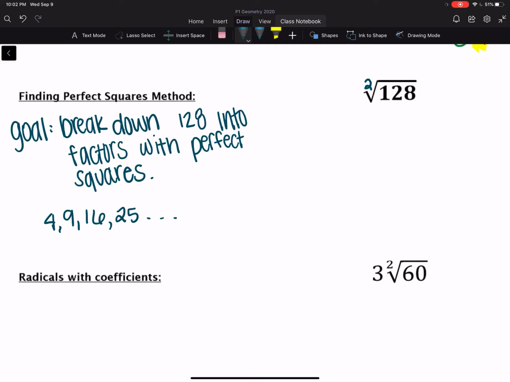In my first step, I'm going to divide this by 2 again, if I want to break it down here, and I'm going to leave it inside the radical. So I know that 128 can be expanded into 2 times 64 here.